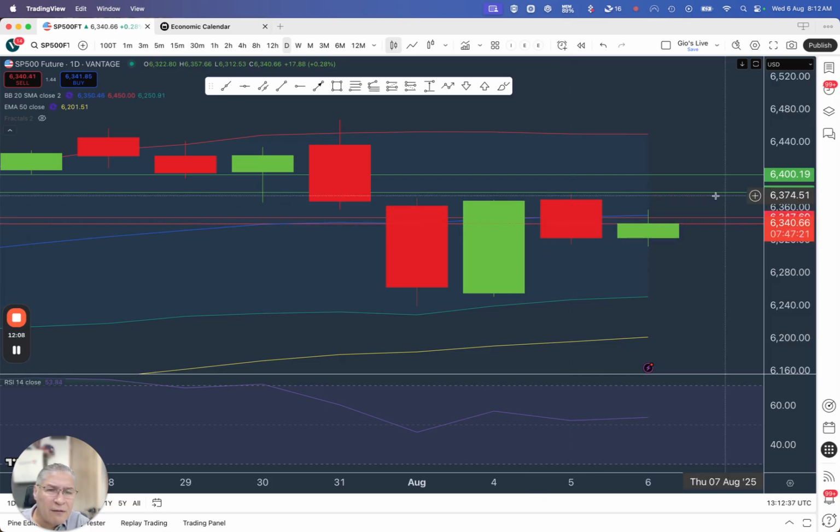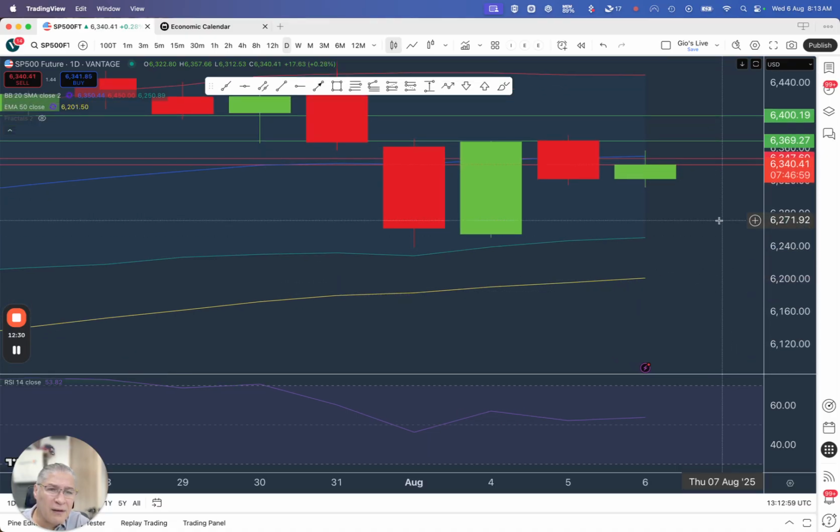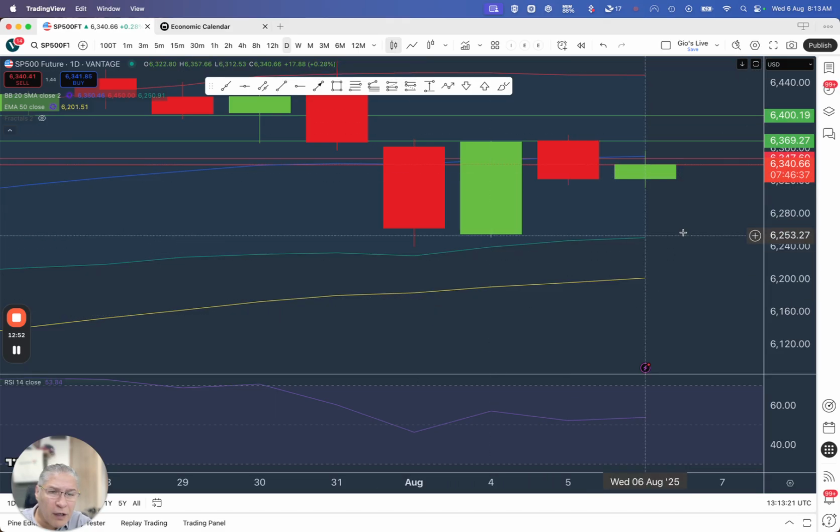For the S&P 500, what I'm looking to do is use yesterday's swing open, which is almost close to the previous day's swing high, around that level for a level of resistance, and 6,400 as the psychological level. As a level of support, we can use the extension tool that I just mentioned, but that gives us the 61 value, which has been penetrated, so that wouldn't work out very well.